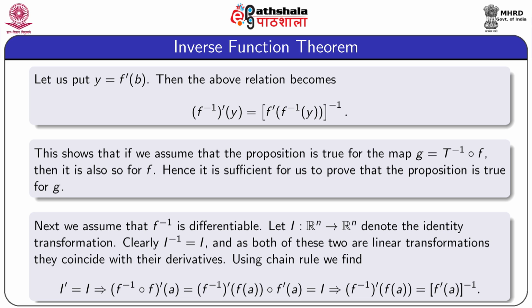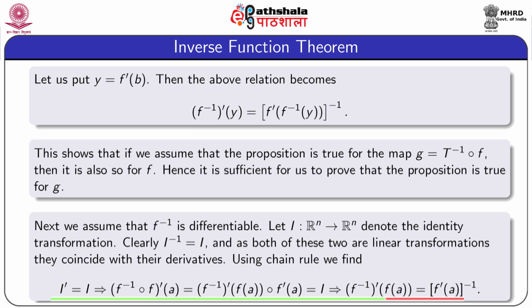Next, we assume that F inverse is differentiable. We use the symbol I to denote the identity transformation on R n. Clearly, I inverse is I, and since these are linear transformations, they coincide with their derivatives. We use the chain rule and hence we find I dash equal to I. This implies F inverse compose F dash A equal to, applying the chain rule, F inverse dash at F A composition F dash A. This equals the identity transformation.